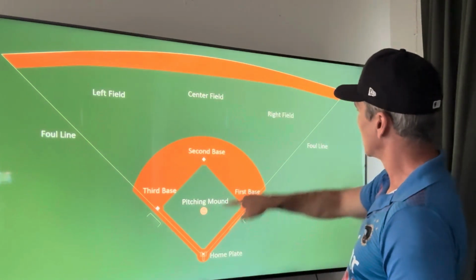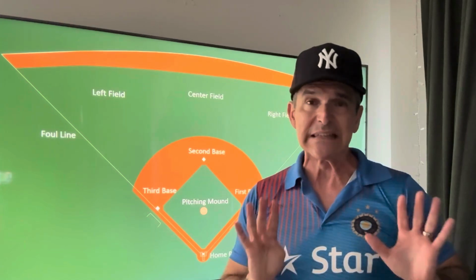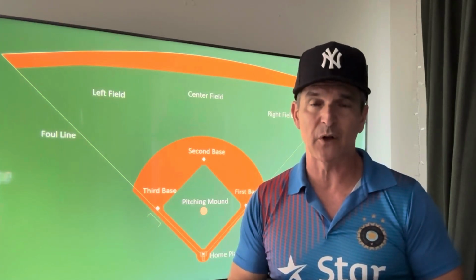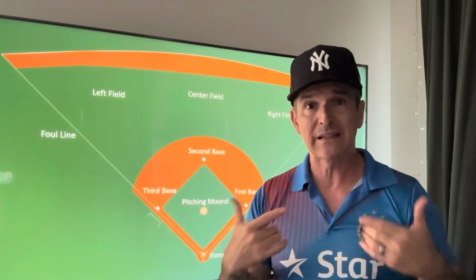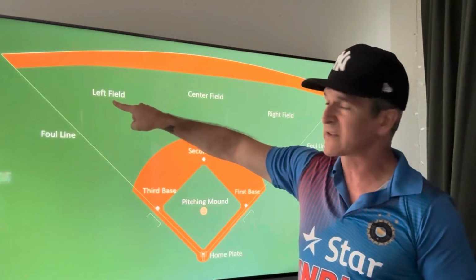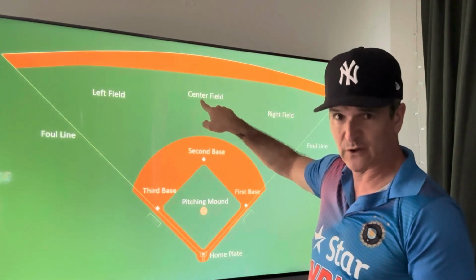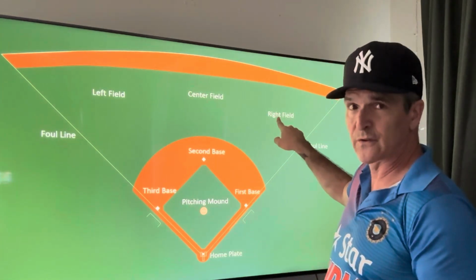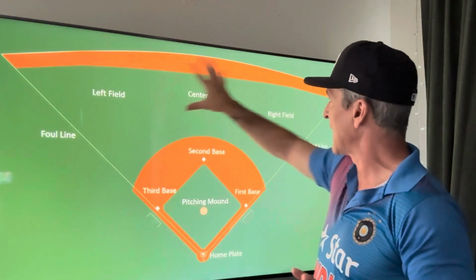Center field. Right field. And interestingly, the 9 defensive positions of a baseball team have the names of the positions in the field. Example, if you play this position, you're the left fielder, center fielder, right fielder. That's the only 3 positions that play out there.